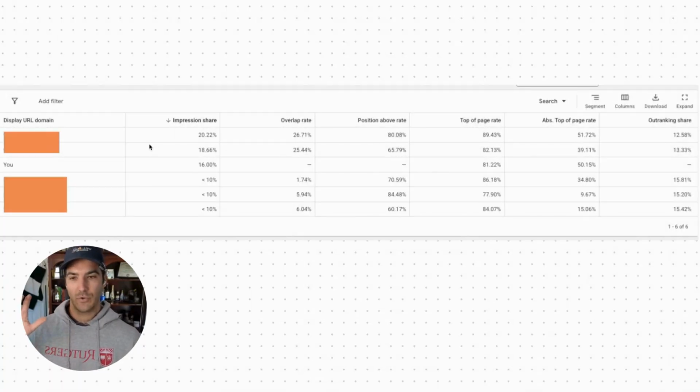When your impression share is relatively low, like this, it tells me that there's usually one of two major issues going on. This could either be a budget constraint, so we're not showing up in the auctions because our budgets are too low, or we're having an ad rank issue, so we're getting beaten on bid and quality of our ads.